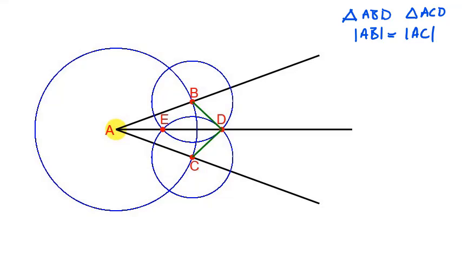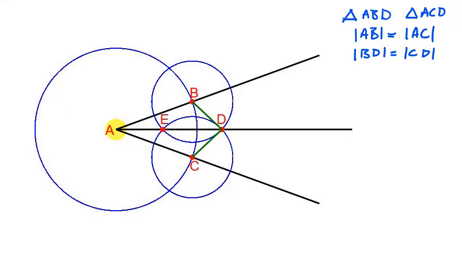Similarly, the line BD is the same length as the line CD. So I know these are radius lines of different circles, but remember we had the condition that these two circles must be of the same radius, and therefore BD and CD will be equal.